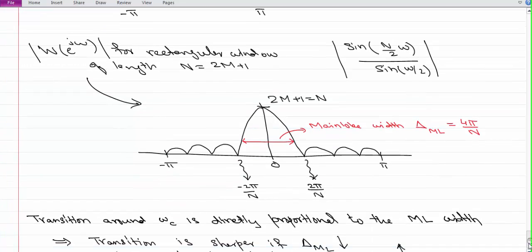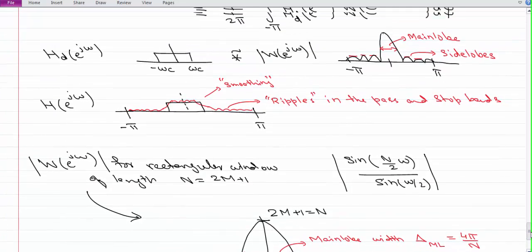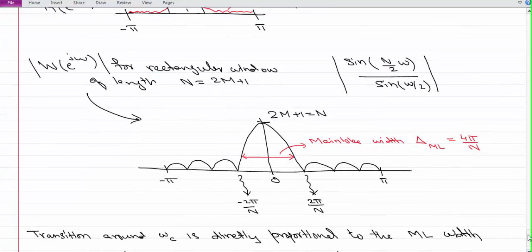Now let's look at the peak side lobes. These are the side lobes, and the side lobe with the highest magnitude, in the case of the rectangular window, is the first side lobe. It has the highest height.